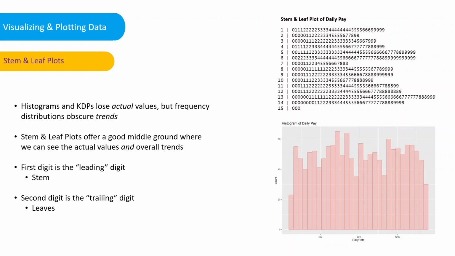It's important to note what unit of measurement your leaves are in. In this example, we have daily pay rates, so the leaves represent tens, and the stem represents hundreds.